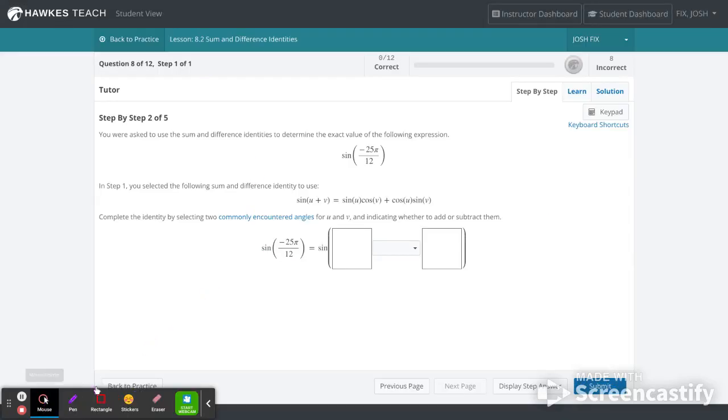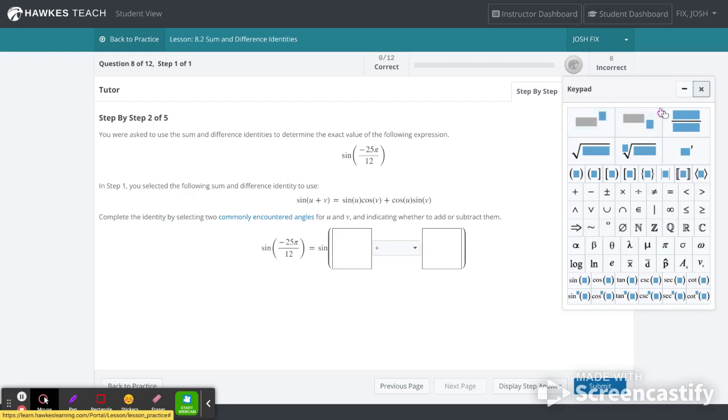So go here. That means I'm going to take an addition sign, use my keypad, and start typing this in. So that would be negative 7 pi over 3. And then that would be pi over 4.